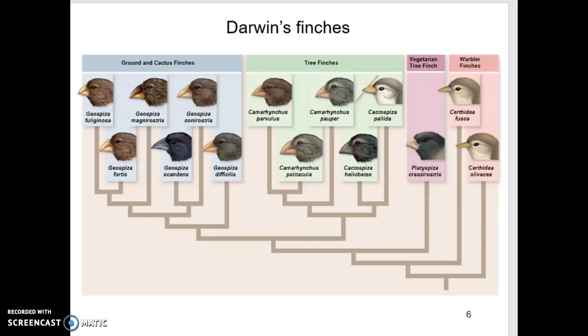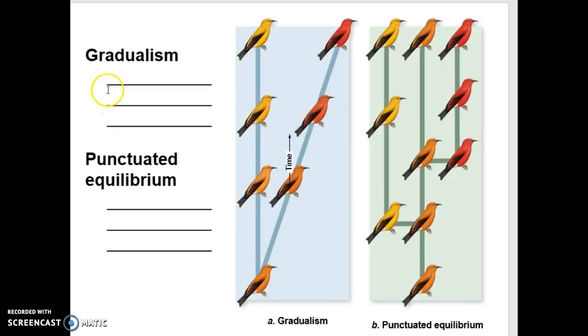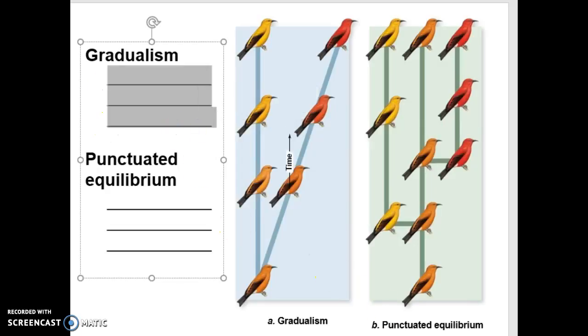Okay? And then the last thing we want to look at is the pace of evolution. How does it happen? Two ways typically. And it's not an either or. It could be for a period of time it does one pace and then it changes and then it goes back and forth and it oscillates. But one pace or one speed of evolution is called gradualism.